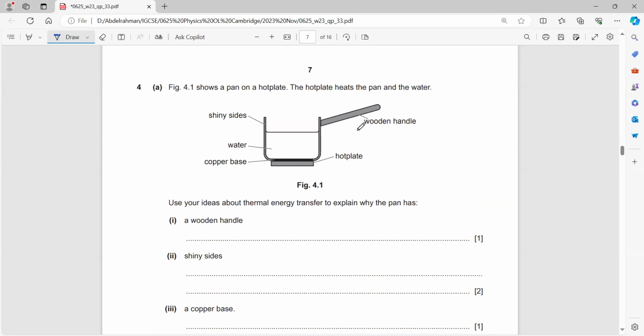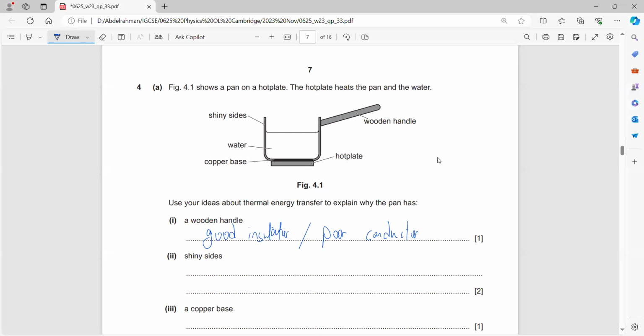I have a pan on a hot plate. Use ideas about thermal energy transfer to explain why the pan has a wooden handle. Wood is a good insulator of heat, or we can say a poor conductor.